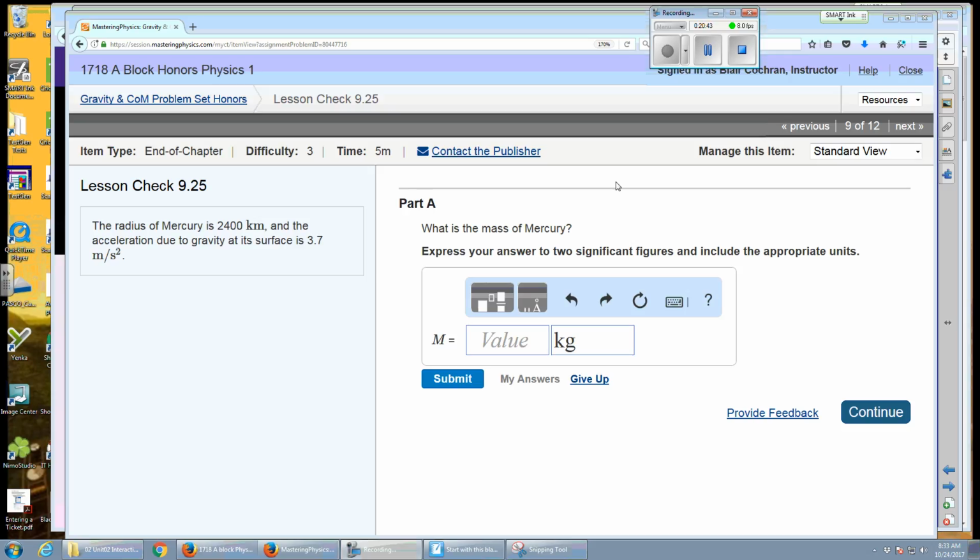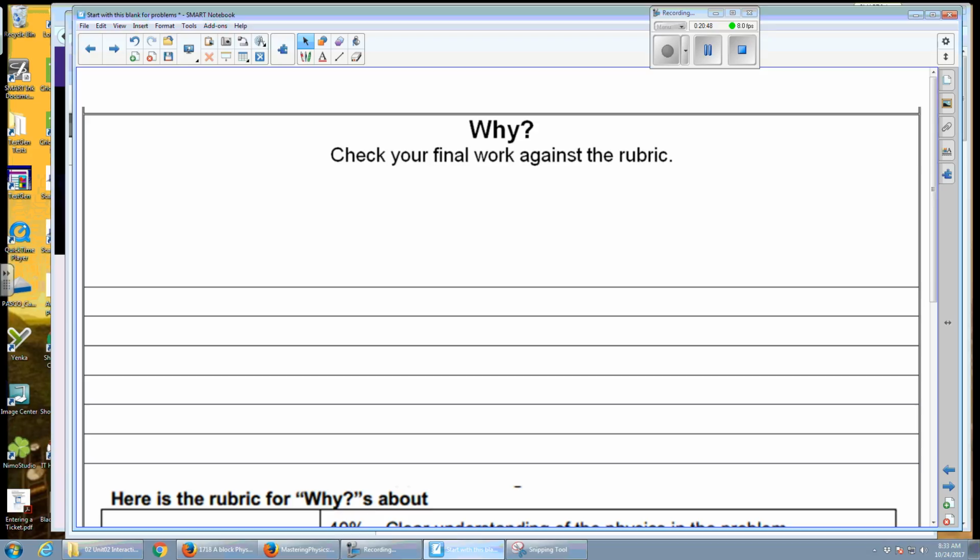So we did one of these in the example problems. So that's good. But remember, here's the planet. We're talking about the point right on the surface. So that would be the radius of the planet away from the center of the planet. Not a very good center on my part.